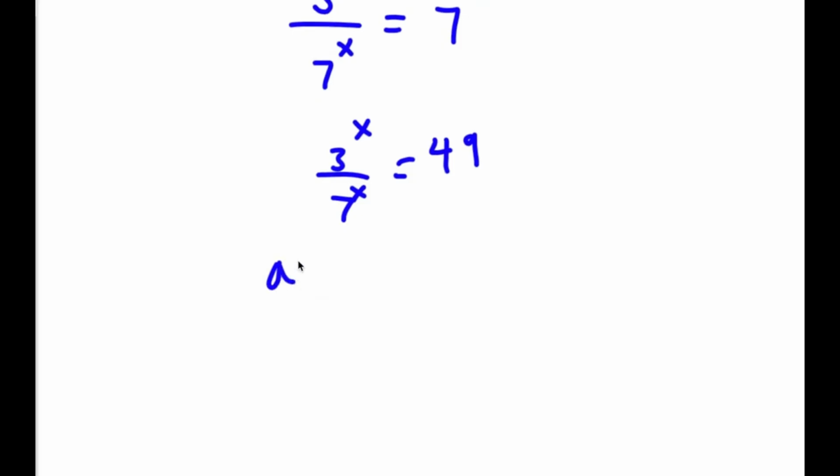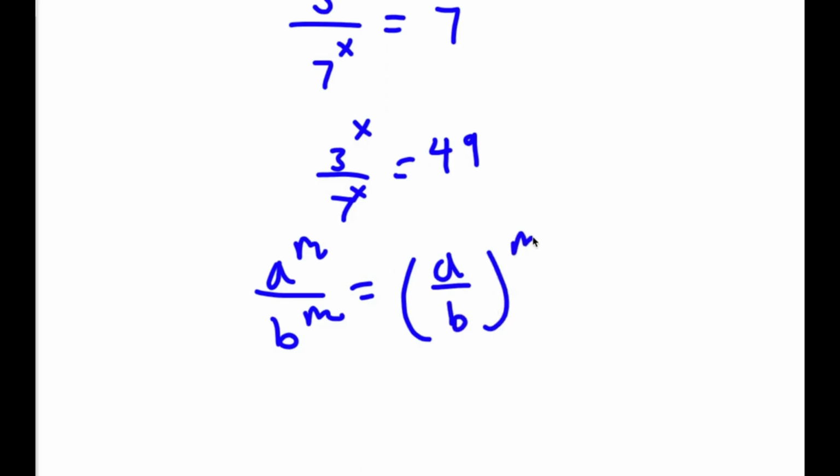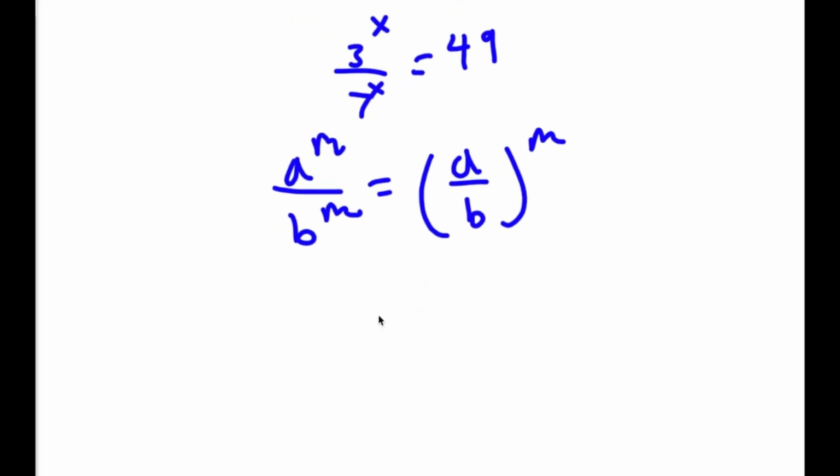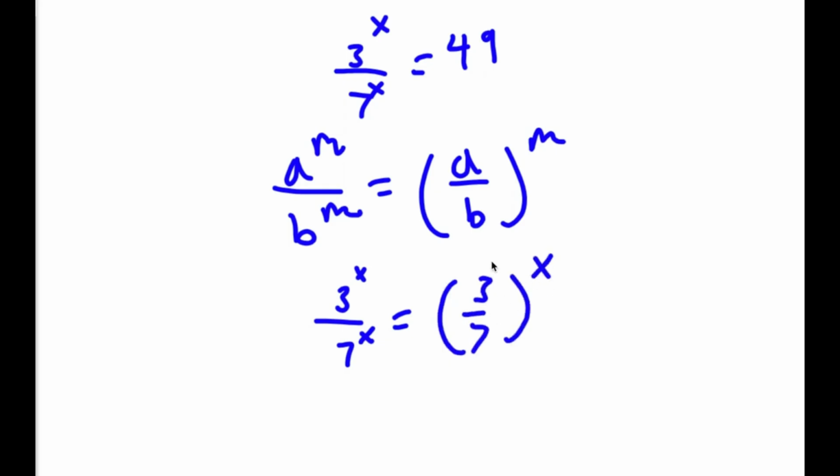Now, if I have something in the form a to the power of m over b to the power of m, this is actually equal to a over b to the power of m. So right here, 3 to the power of x over 7 to the power of x, this is going to equal 3 over 7 to the power of x.